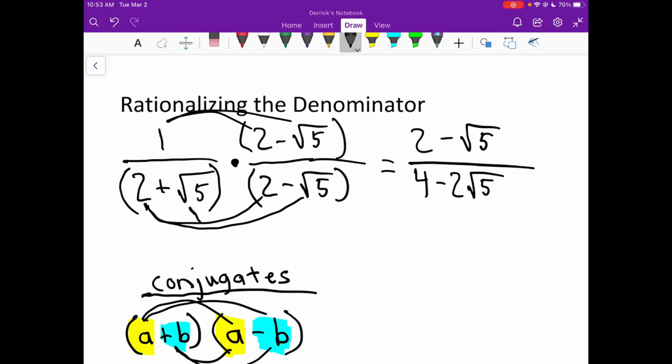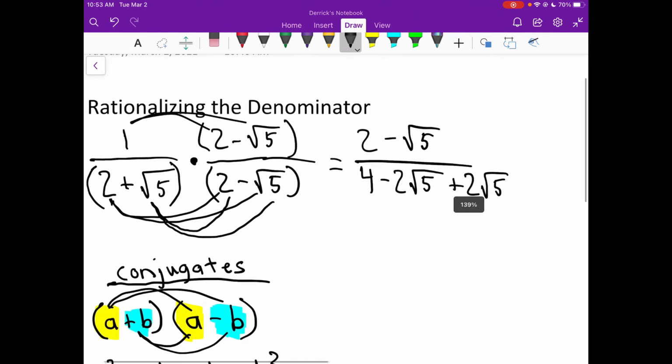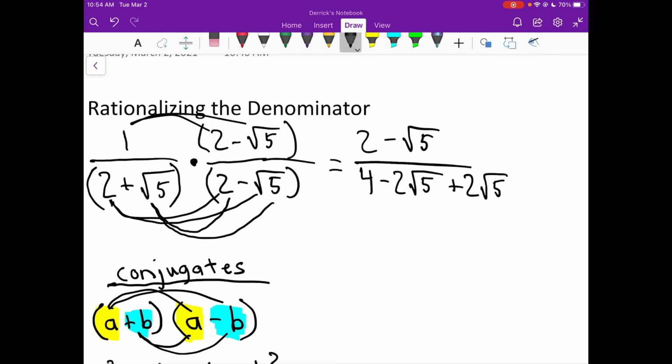The square root of 5, positive square root of 5, times positive 2 would be positive 2 square root of 5. And then finally, the square root of 5 times the negative square root of 5. First off, a positive times a negative is a negative. And by the product property of radicals, like we discussed earlier, 5 times 5 would give us the square root of 25.